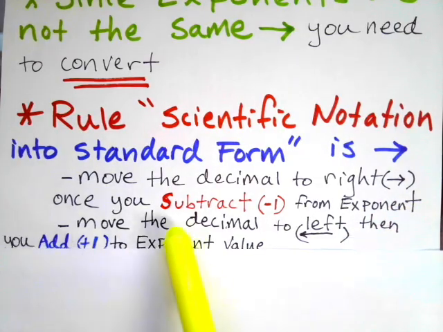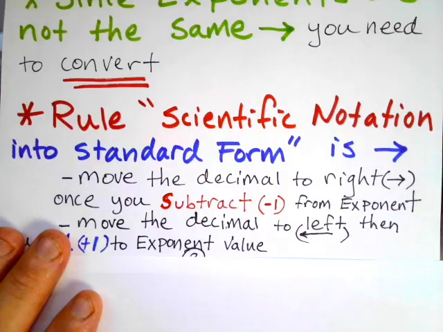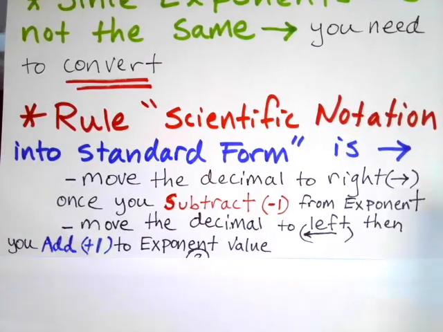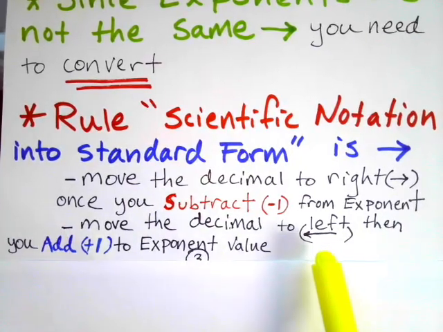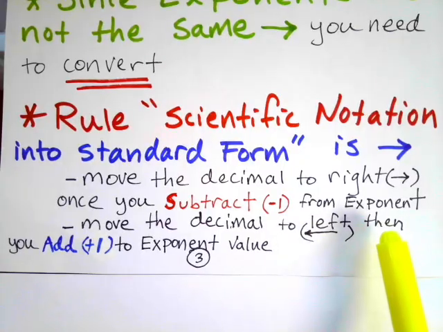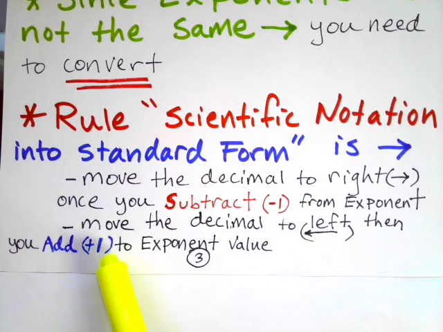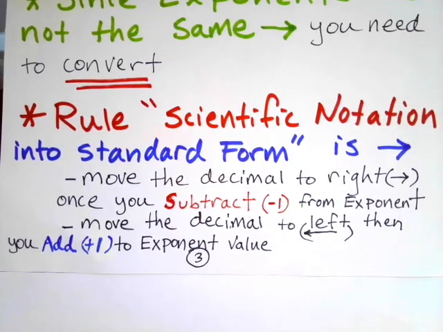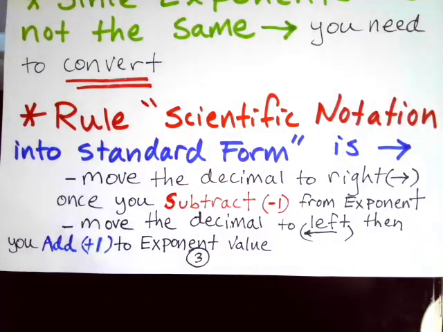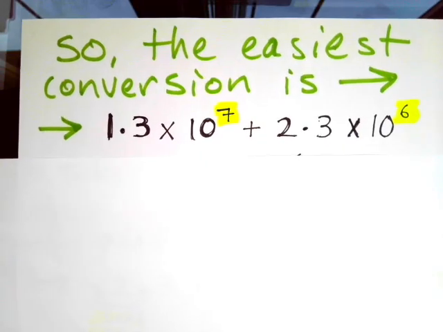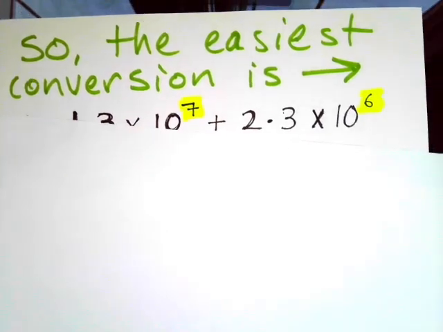If you move the decimal to the left one place, then you add 1 to the exponent value. Let me give you some examples of that now.